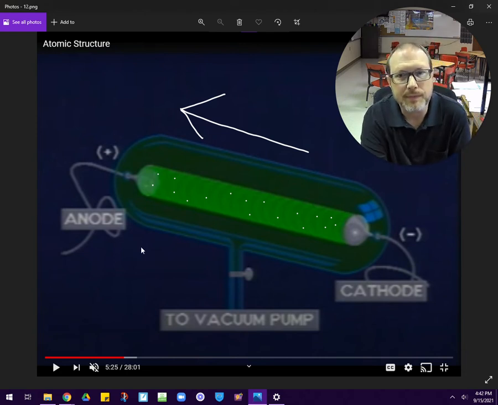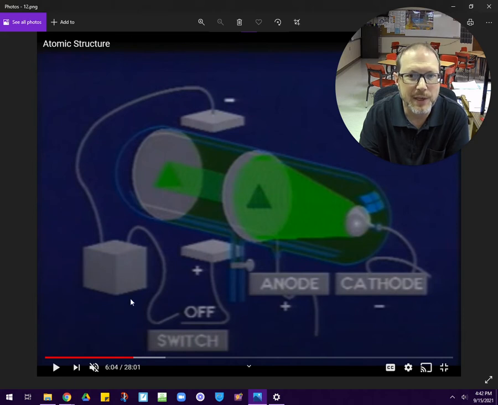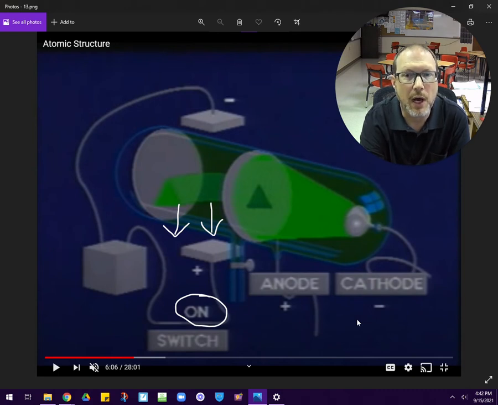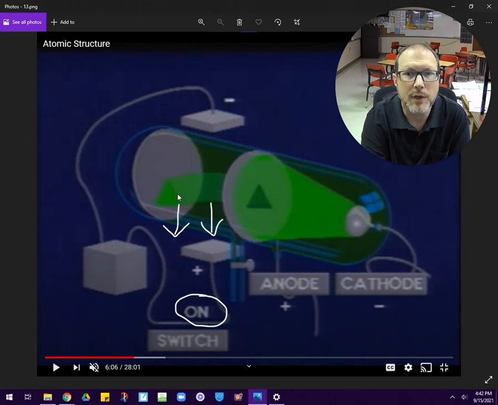Furthermore, he found out that if you took a magnet or a magnetic field, here we've got an electromagnet set up and it's turned off, but you can see here in this one, when they turn it on, that beam of cathode rays is bent. I'll turn it off again, turn it on again.